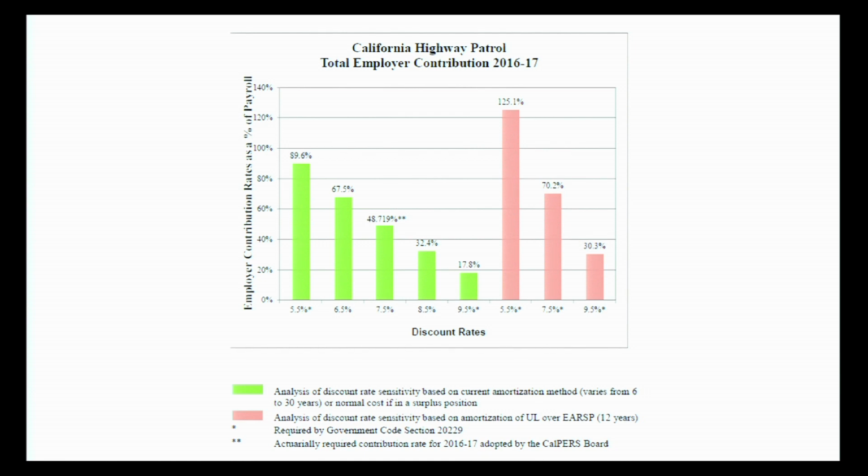If we used a 5.5% rate, which is an understatement by the way, any economist would calculate it, or the way any insurance company would calculate it, we'd have to be putting in 89.6 cents. And again, those numbers are going up over time. So it's really bad.